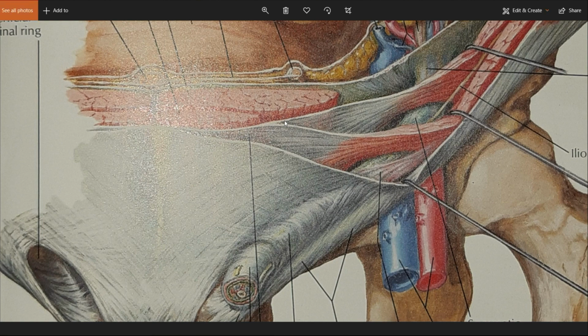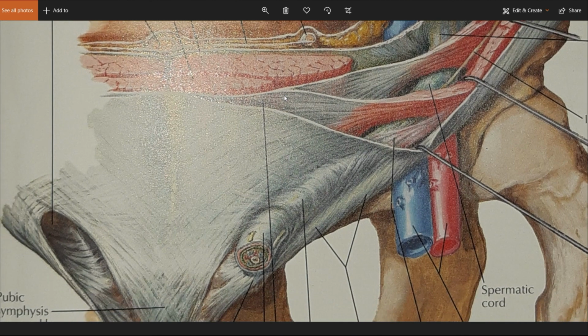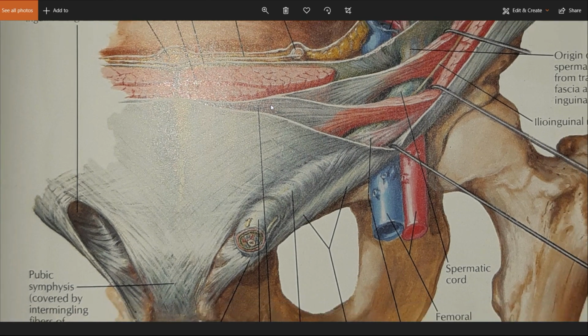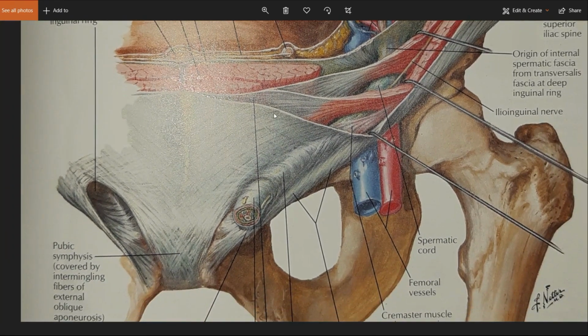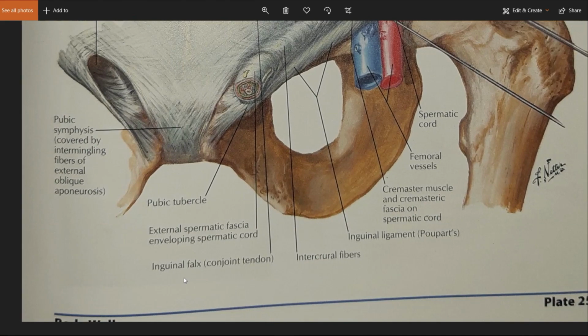But a very interesting thing happens here. The lower fibers of the transversus abdominis fuse with those of the internal oblique, and together they form a structure which is very aptly called the conjoint tendon or inguinal falx.